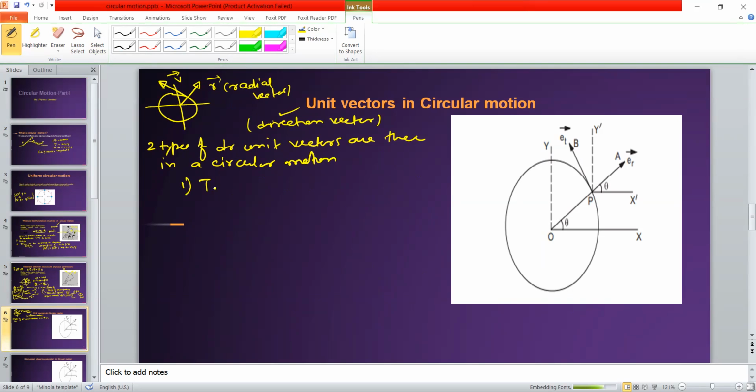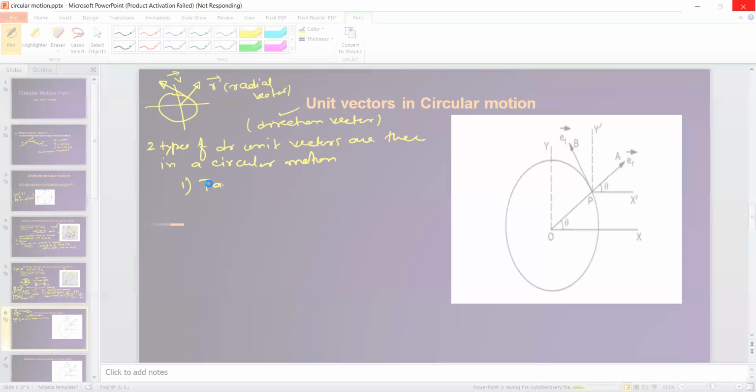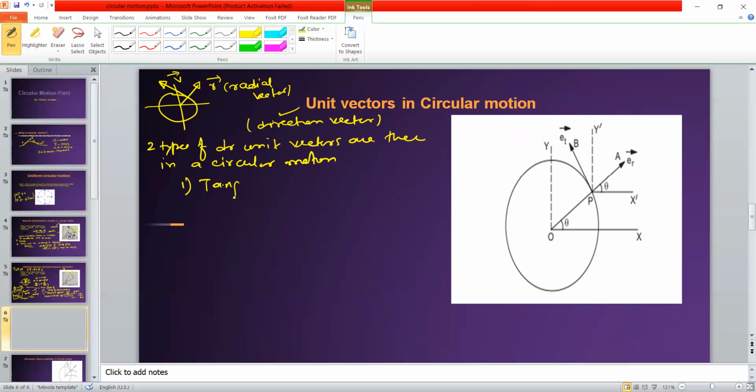First is tangential, and second is radial. Suppose tangential vectors are shown as e_t and radial vectors are shown as e_r. Then from this particular diagram, we may write the e_r unit vector is nothing but i cos theta plus j sin theta.